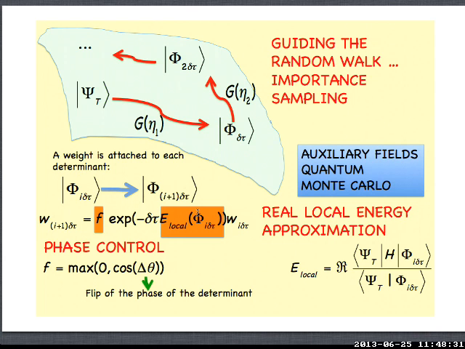Such local energy is the real part of the matrix element of the Hamiltonian between the trial wave function and the actual determinant in this position. This is an approximation, and namely the strongest approximation in the algorithm, because in principle this could be complex, and this introduces a phase problem in the method.